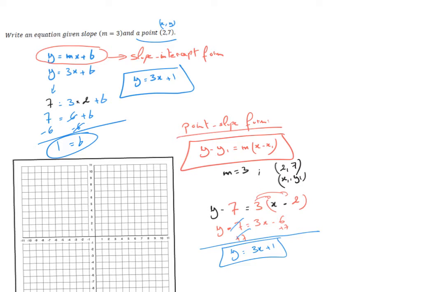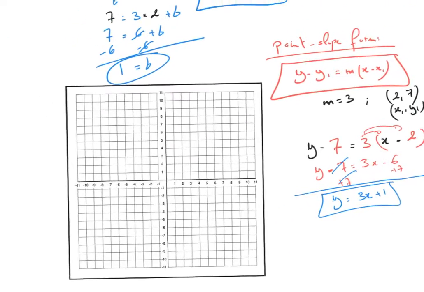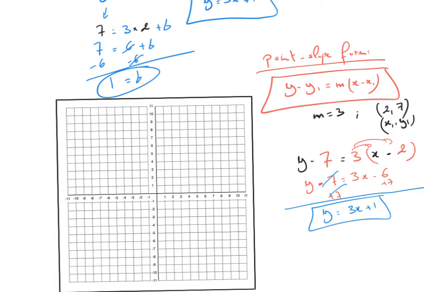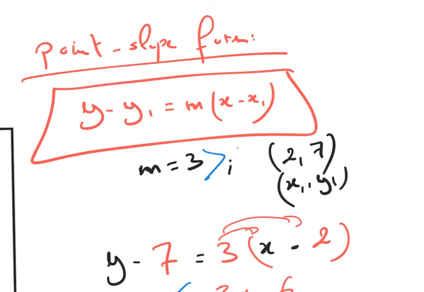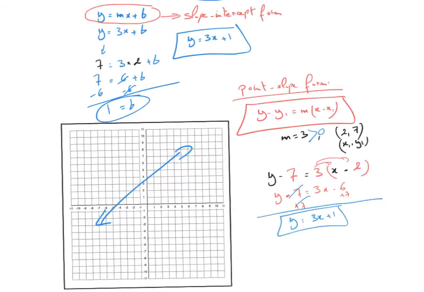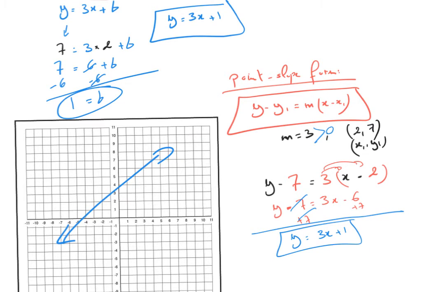Now let's see how to graph this. We're going to use what we have from the point and the slope to graph this equation of a line. We expect the line to be increasing, going this way, because the slope, which is 3, is positive, greater than 0. Now let's see exactly what the line looks like.